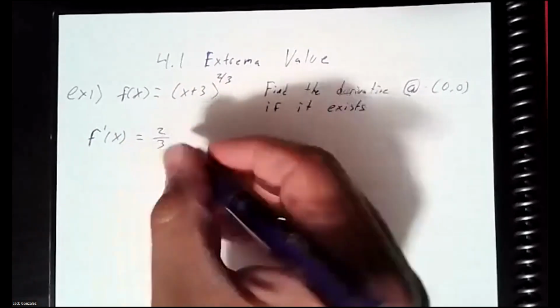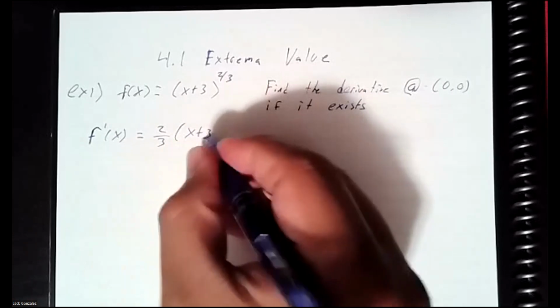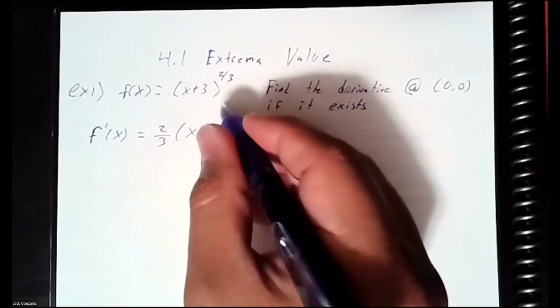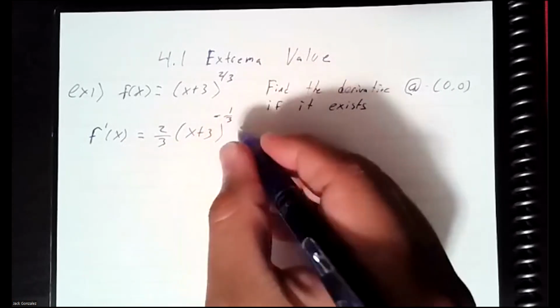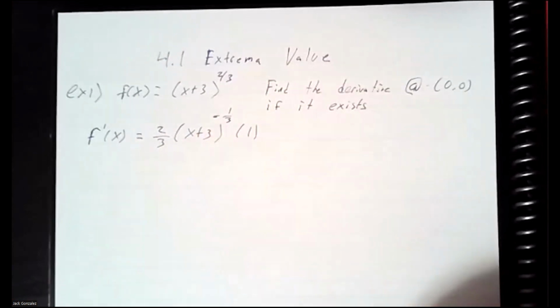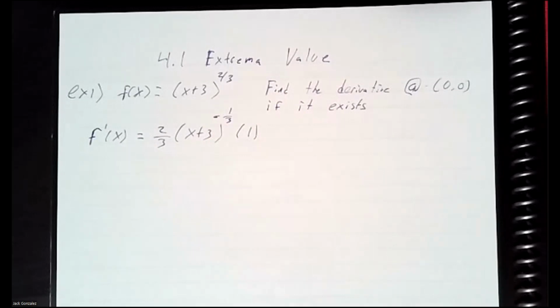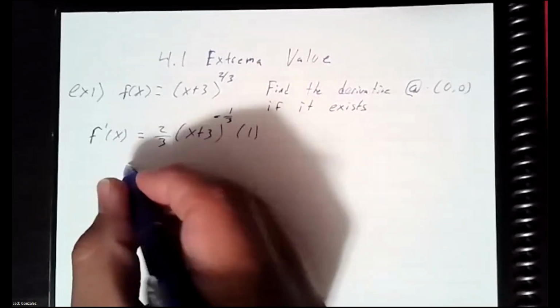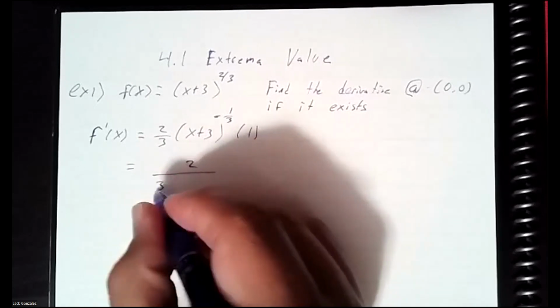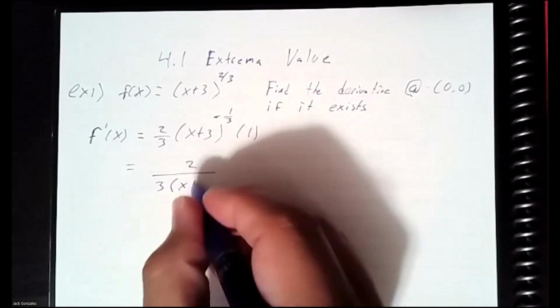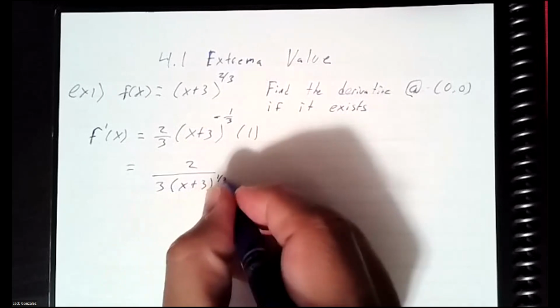That'd be you bring down 2/3 times the derivative of the inside, of course. Subtract the 1, inside derivative would be 1, right? So that'll become 2/3 times x plus 3 to the 1/3.